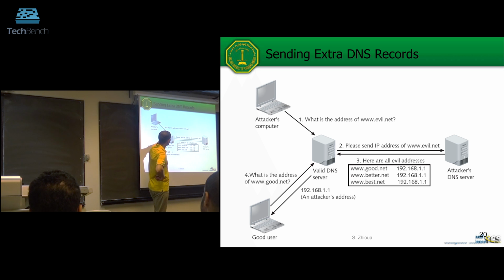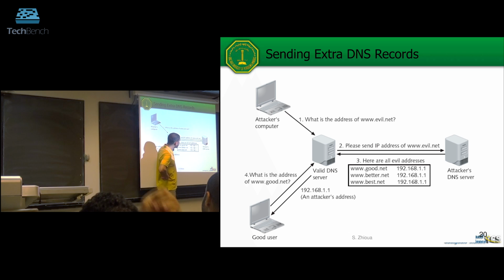The DNS server will contact some other DNS server for another address, like evil.net. You know, when you have a DNS server, it doesn't have the IPs of every domain. It needs to contact its hierarchy of DNS servers, like you said, primary, secondary, etc.